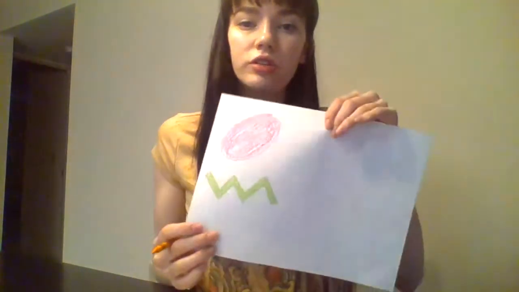The next shape we're going to go into is a trapezoid. Now a trapezoid is sort of like a combination between a rectangle and a triangle. We are going to do the color orange. So to start my trapezoid, I'm going to do a nice long line on the bottom of the paper.